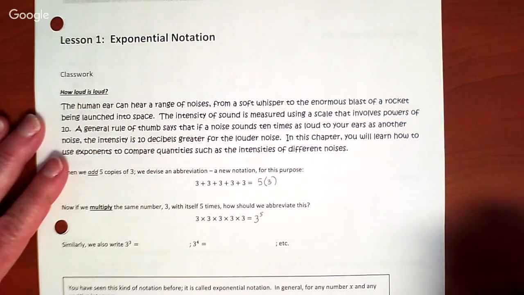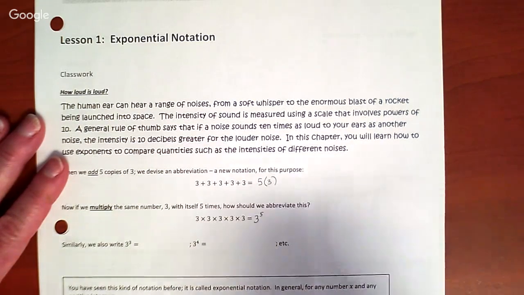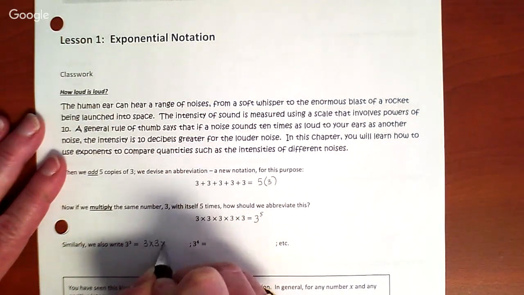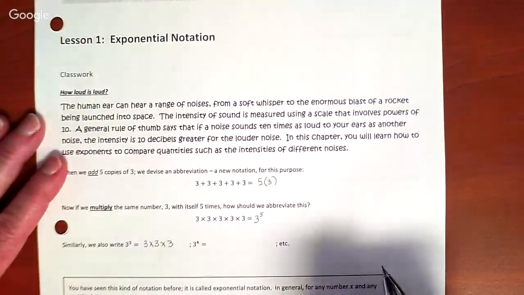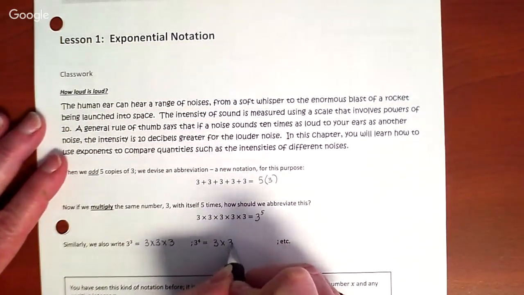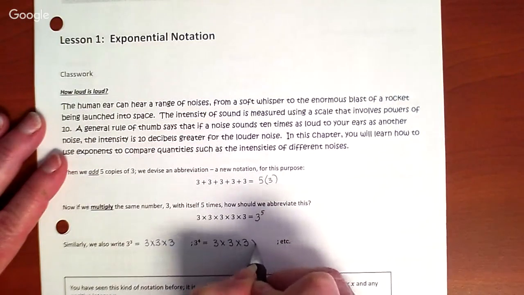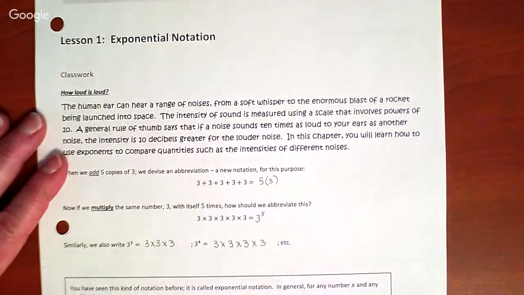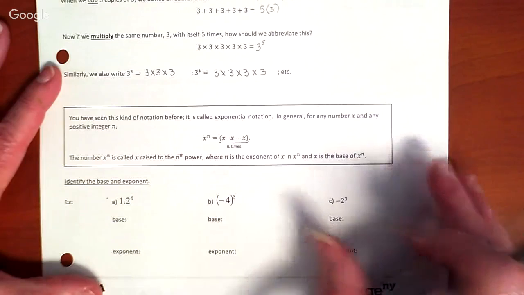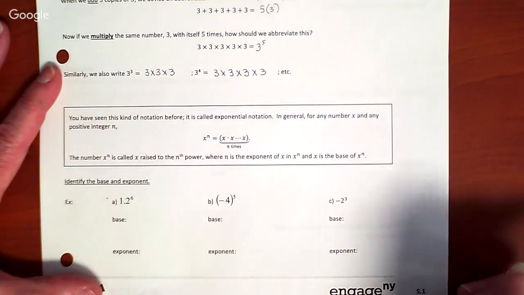We also write 3 to the 3rd power as 3 times 3 times 3. 3 to the 4th power would be 3 times 3 times 3 times 3. You have seen this kind of notation before. It is called exponential notation.